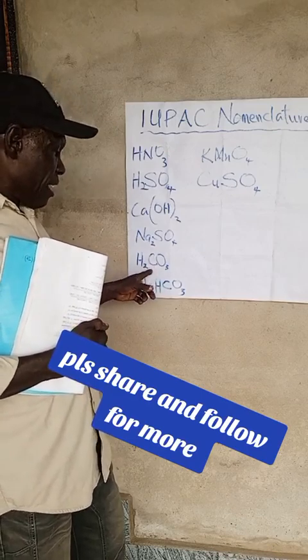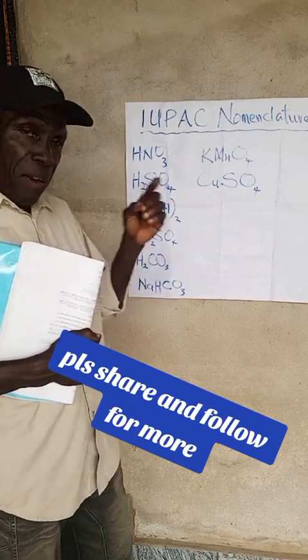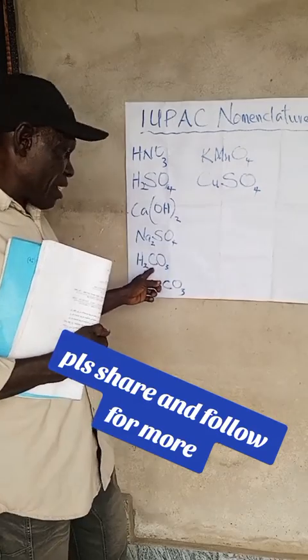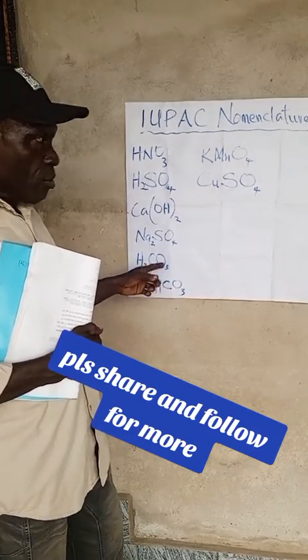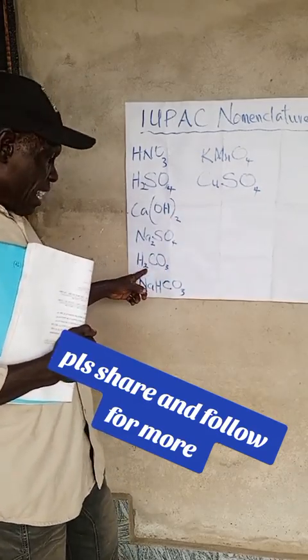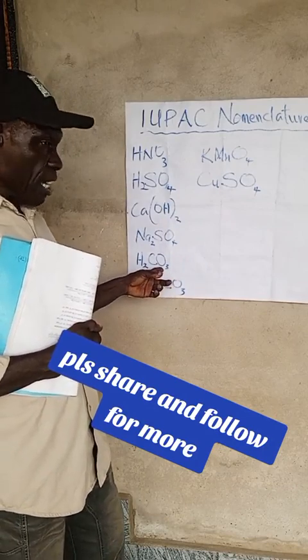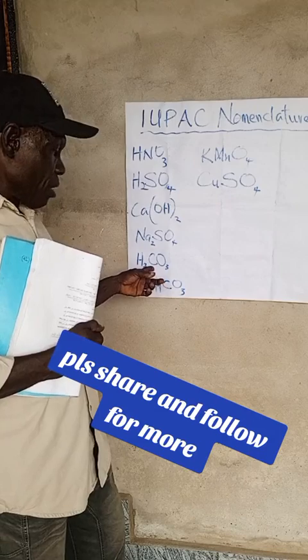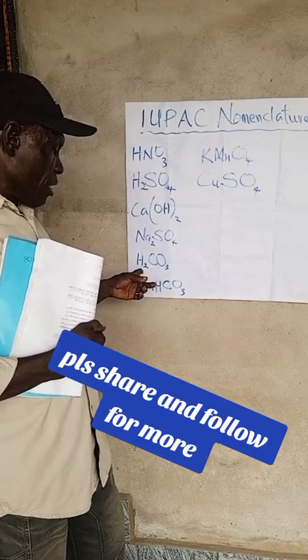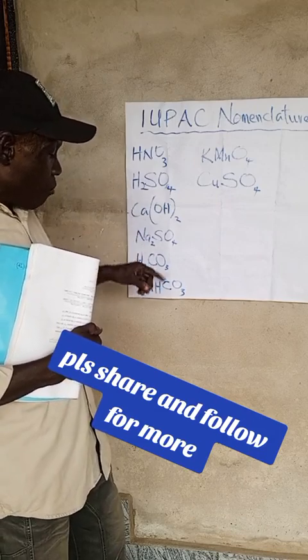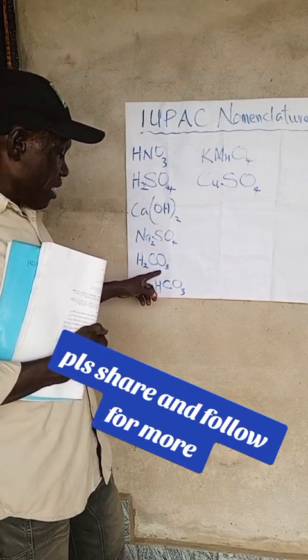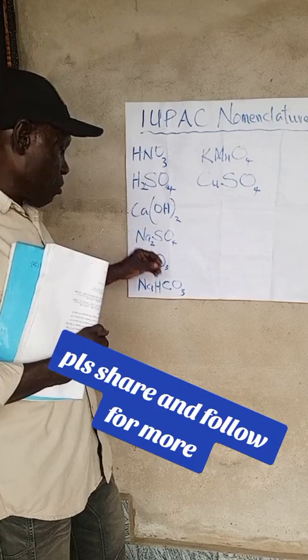It tells us that carbon is exhibiting the power of 4 in this chemical compound. So the IUPAC nomenclature tells us that in here we have 3 oxygen atoms, 1 carbon atom, 2 hydrogen atoms. But the power of carbon in this compound, as far as the original number is concerned, is 4.